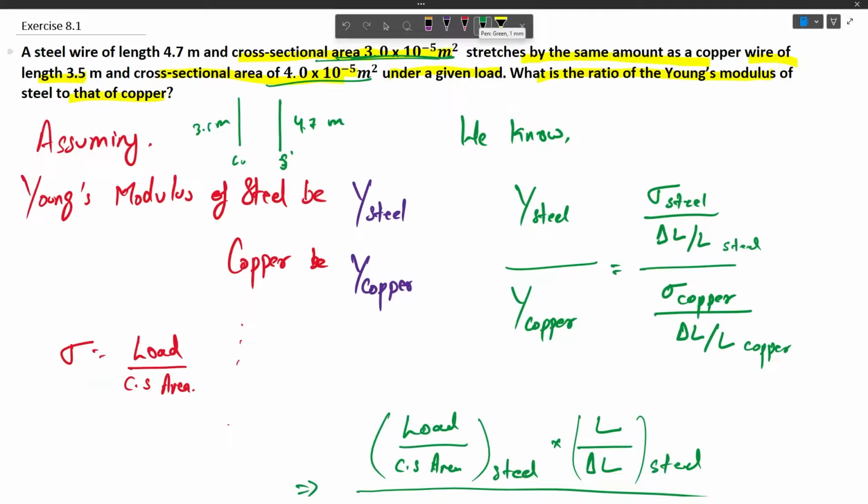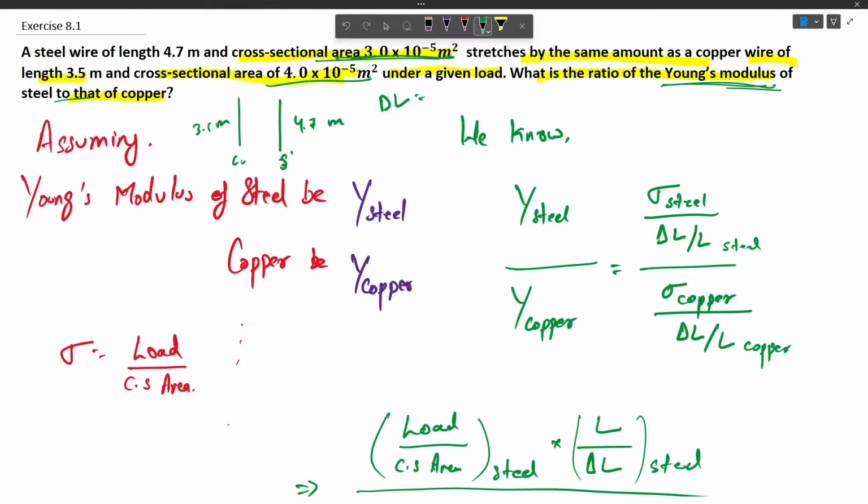Now under a given load they both undergo the same amount of deformation, that is delta L, or the change in length, is the same in both cases. Now we have to find out the ratio of Young's modulus of the steel. So we know that Young's modulus is the ratio of the stress to that of the strain.